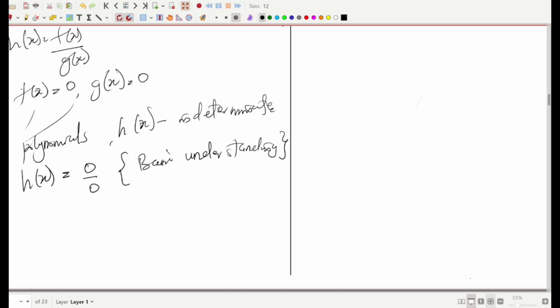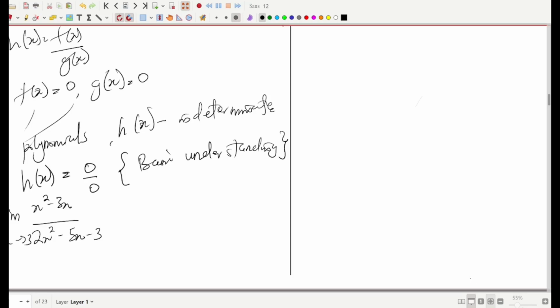Now, for indeterminate limit expressions, there are a number of ways of evaluating them. So we'll begin with some examples, then we continue. Let's say you have the limit of x squared minus 3x divided by 2x squared minus 5x minus 3 as x approaches 3.